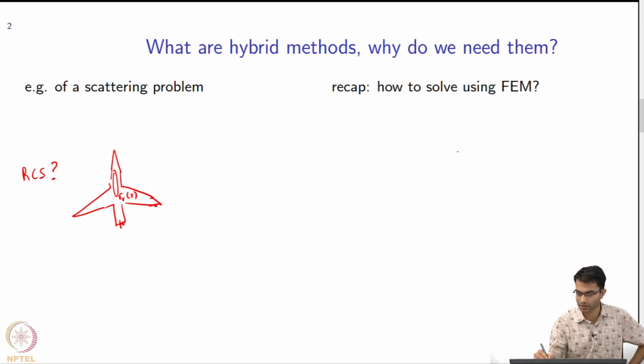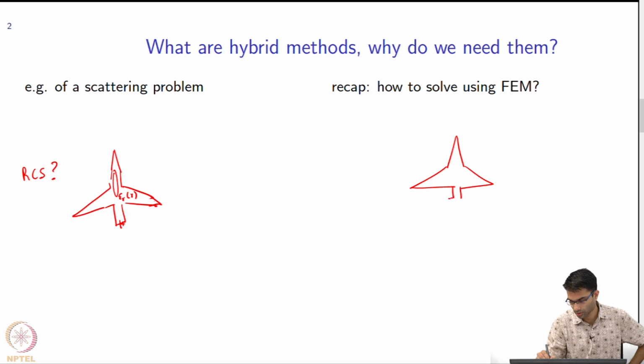So let's just make our aircraft once again. Break it into triangles. But first of all, before I break something into triangles, what is the domain of interest now?